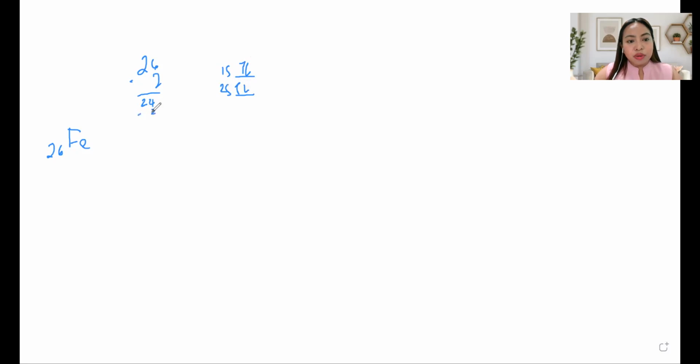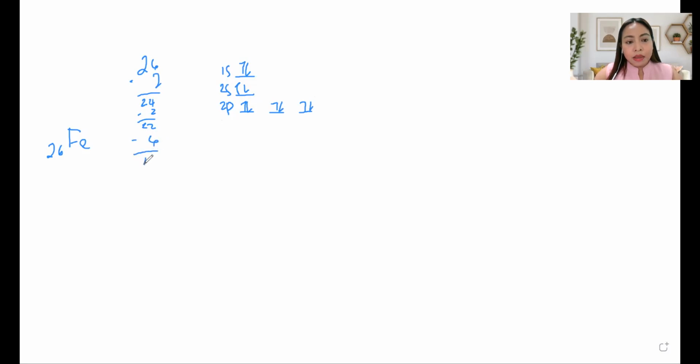Minus 2, left with 22. Proceed with 2p. Earlier we placed them one by one, but now 2p can accommodate 6, so we directly write the 6. Always remember to follow the rules. So 22 minus 6 is 16.